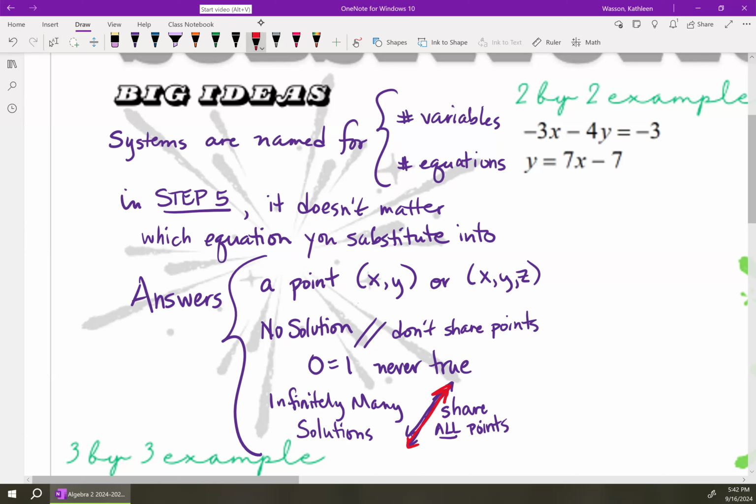Two different representations for the same line. Algebraically, that looks like an equation that's always true. So if you get a funny looking answer, it means either you have no solution or you have infinitely many solutions, or you'll get a point.